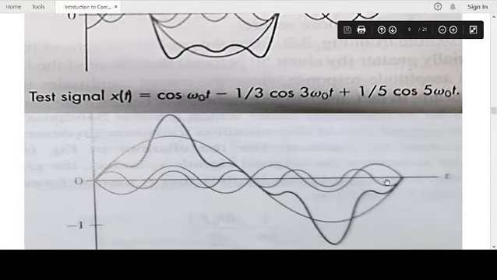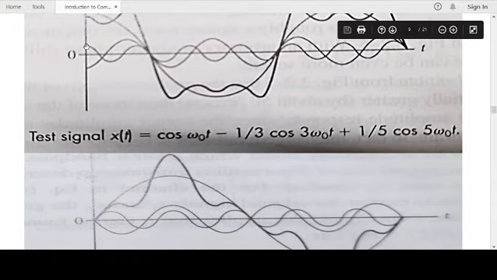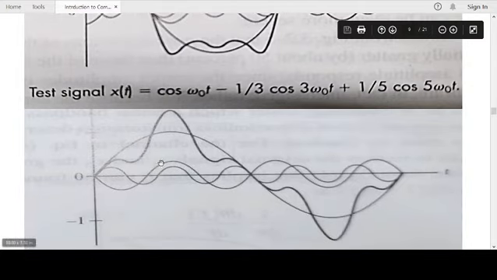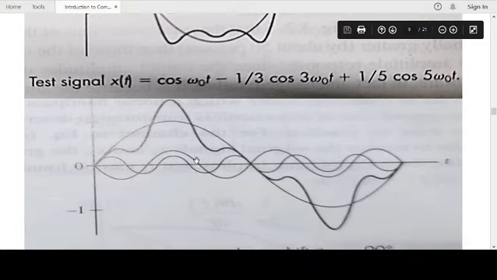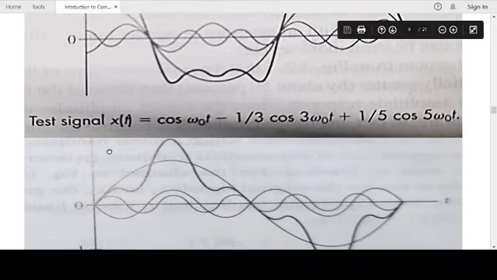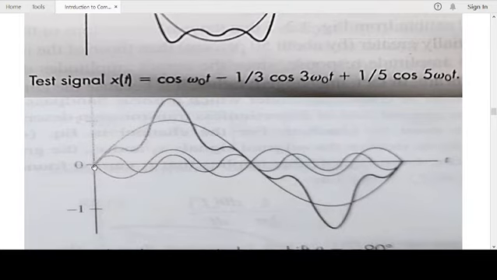You have this fundamental frequency, the third harmonic, 3 omega naught, shifted by 90 degrees, and the fifth harmonic, 5 omega naught, shifted by 90 degrees. And hence they all start from 0, because a shift of 90 degrees means cosine becomes sine.